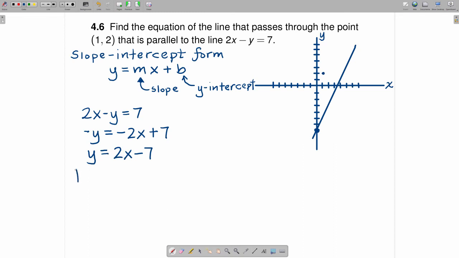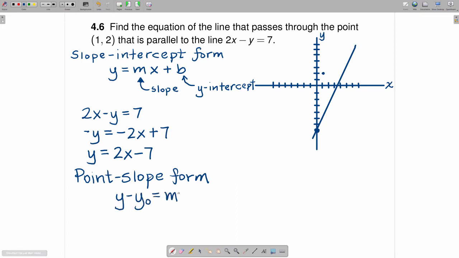So we use something known as the point-slope form of the line to determine its equation. And the point-slope form of a line is y minus y0 is equal to m times x minus x0.